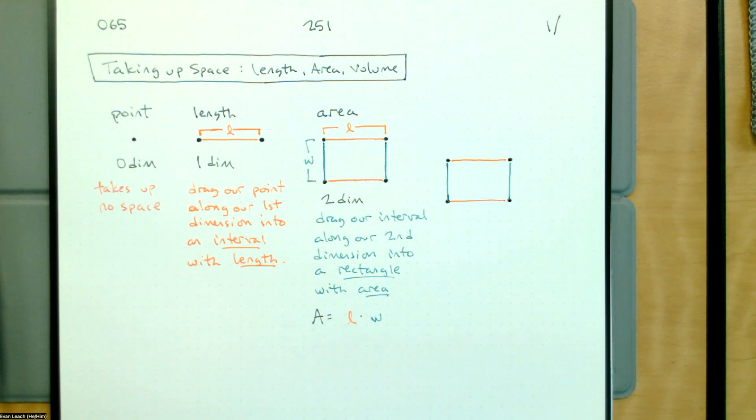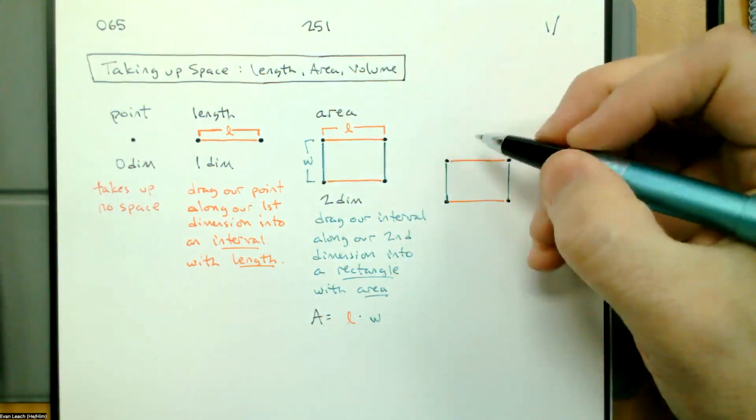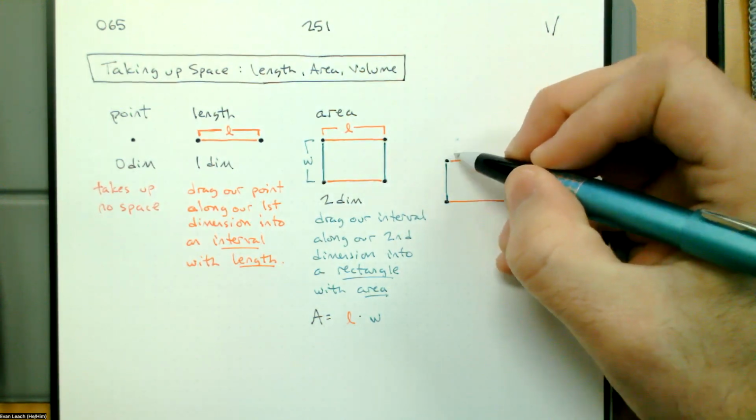So I'm going to do the usual thing. We're going to trick our brains into seeing something in 3 dimensions. So I'm just going to take this and drag it into a third dimension. I'm going to do that at an angle here.